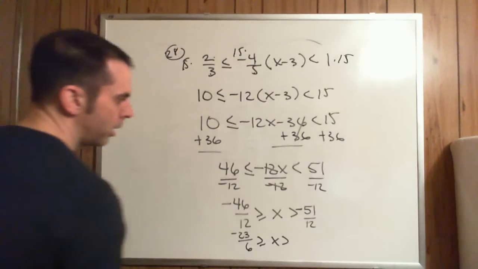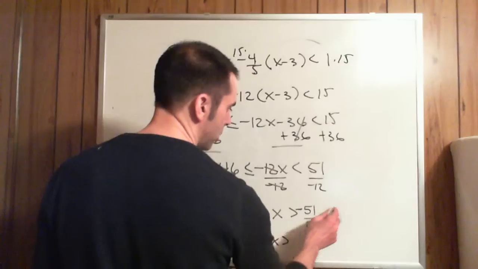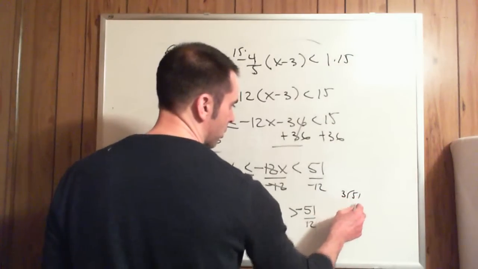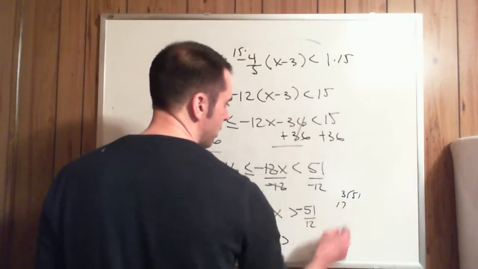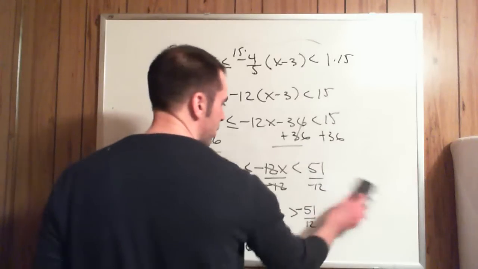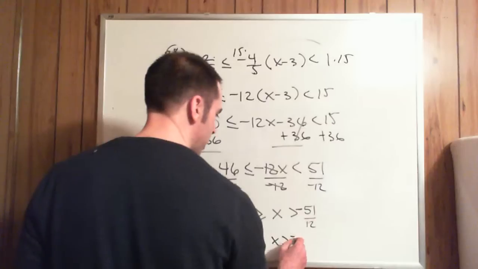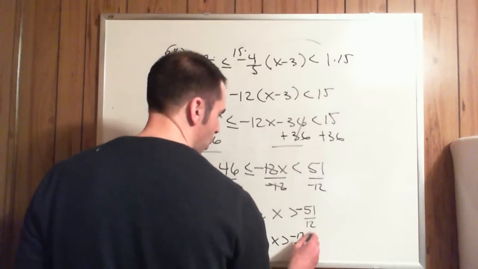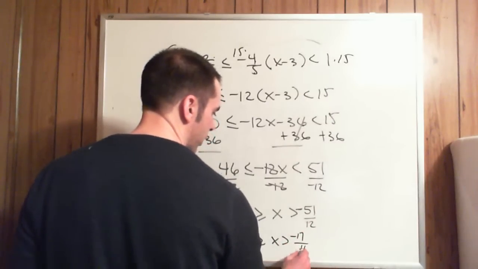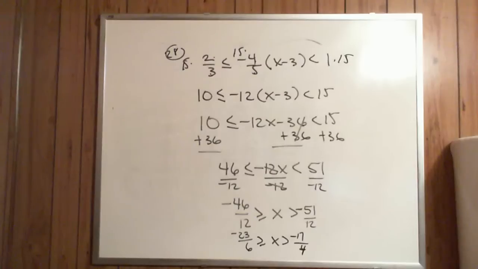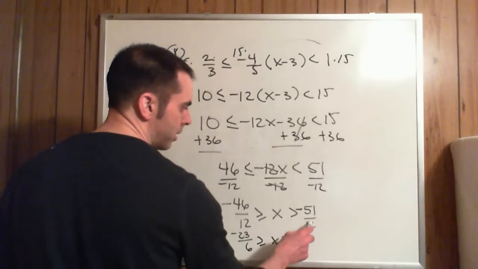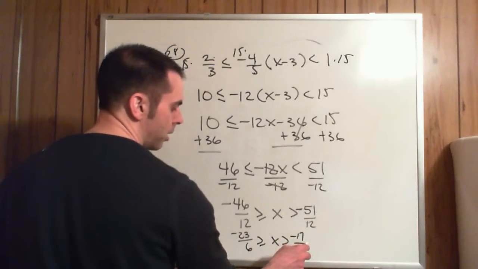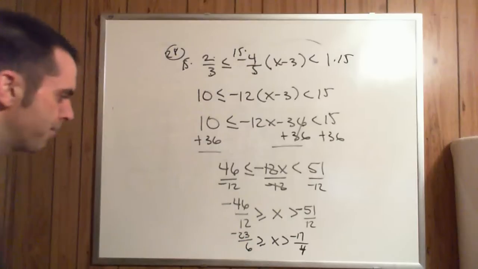So it's divisible by 3, correct? What is 3? 17 then. So 17 times 3 is 51, yes. So we got that then. So that'd be negative 17 over 4. Yes, I was thinking 52. So, yes, 51 divided by 3 is 17, and 12 divided by 3 is 4. So that reduces to that.